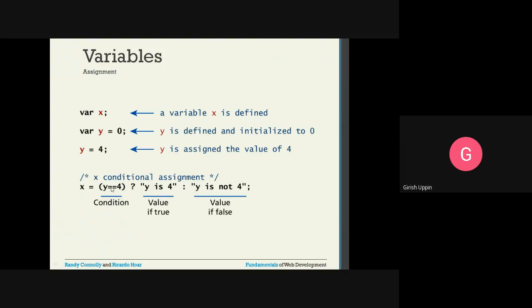This is the ternary operator, where there are three operands. The first one is the condition, and if this condition is true, this is the value that will be assigned, and if the condition is false, this is the other value. So if y is equal to 4, then the value is y is 4, and if the condition is not true, then y is not 4 is the value that will be assigned to x.